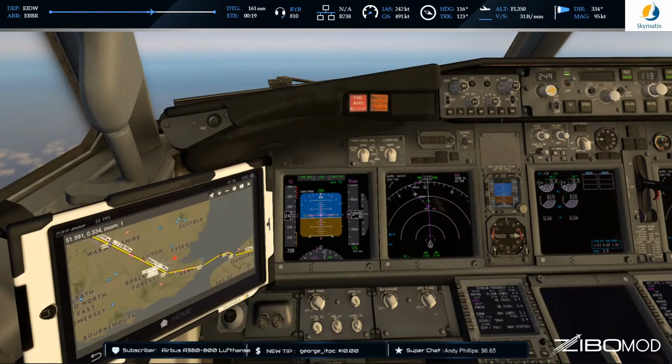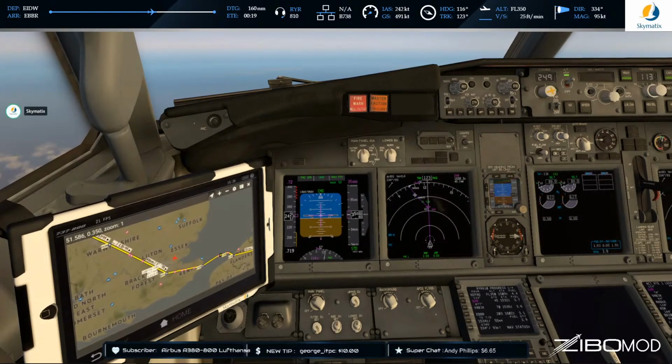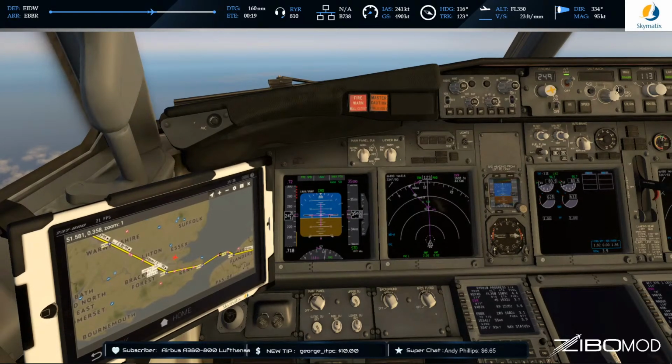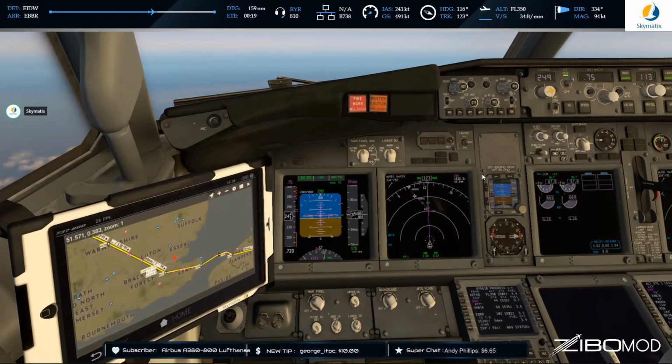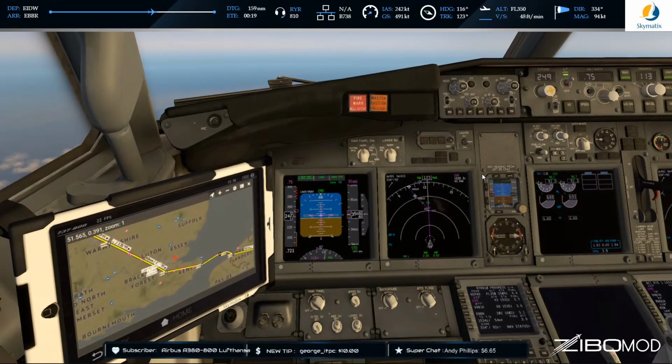Ryanair 810, Mach decimal 72 or greater, please. Mach decimal 72 or greater for Ryanair 810. Contact Amsterdam radar, frequency 125 decimal 750. 125 decimal 750, thank you, bye bye.